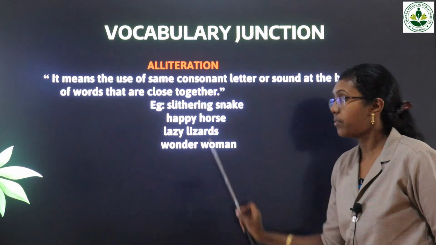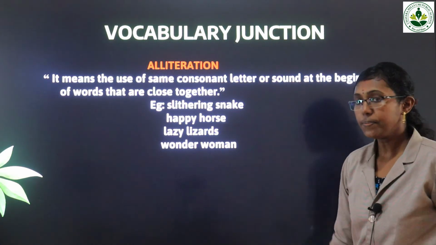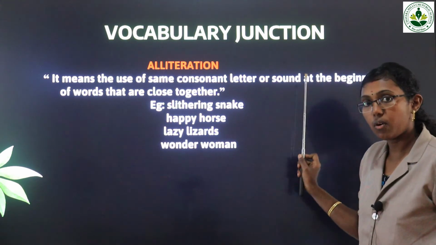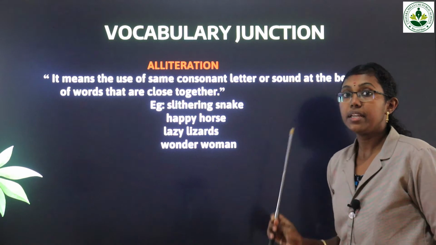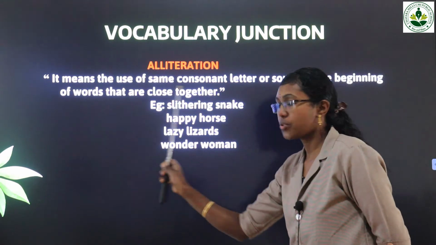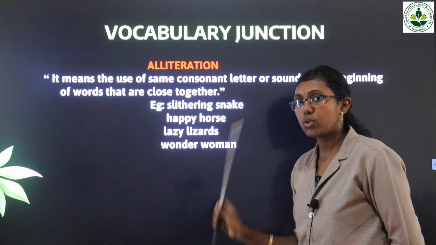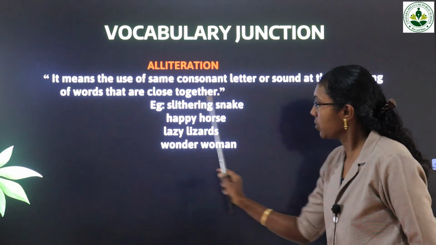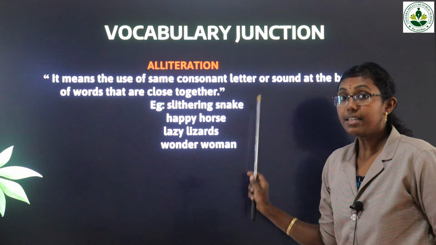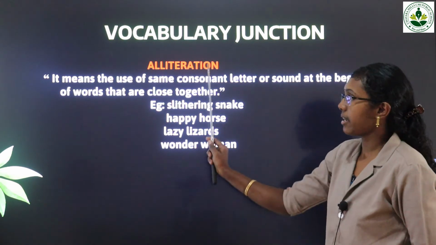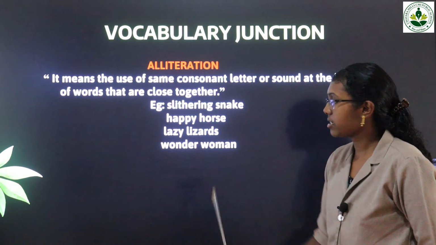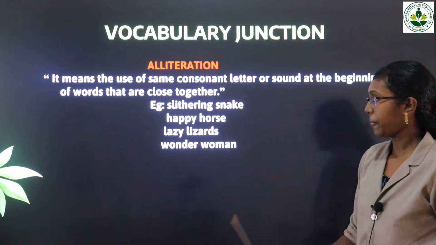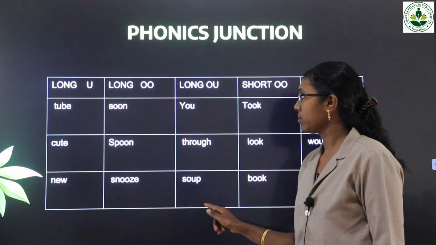This is the example for alliteration. You have to use the same consonant letter or sound at the beginning of the words, and the words should be related. That is alliteration. We can see alliteration in most poems. More examples are there, you have to go through them.